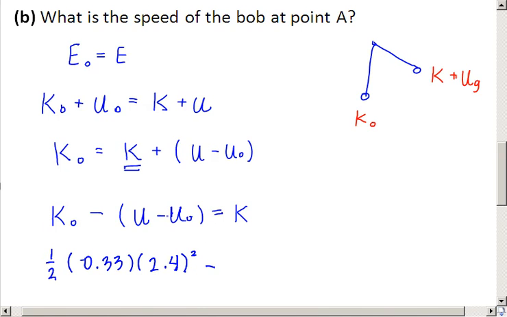Minus, now isn't U minus U naught the delta U? And what was our delta U? 0.72, okay, and that will be equal to 1/2 m, 0.33, times v squared.